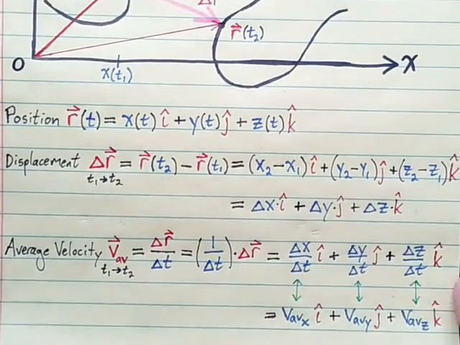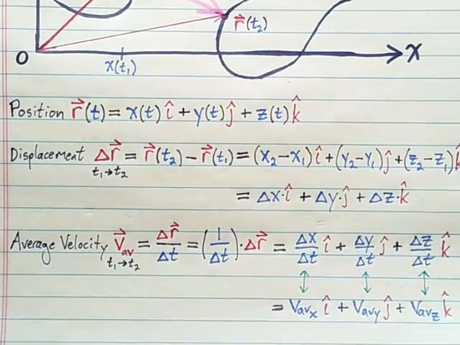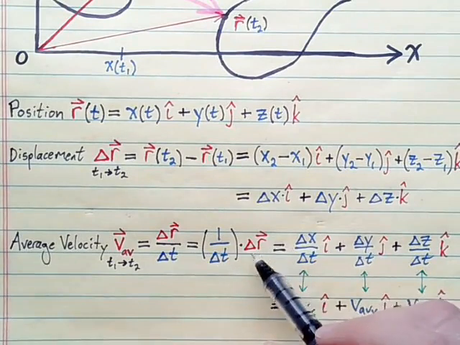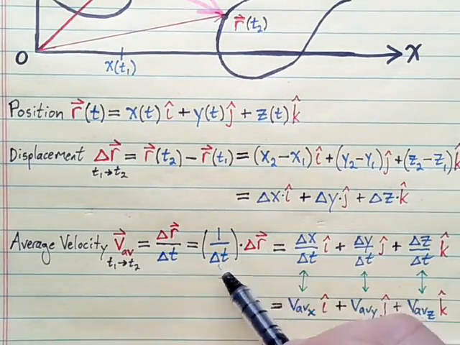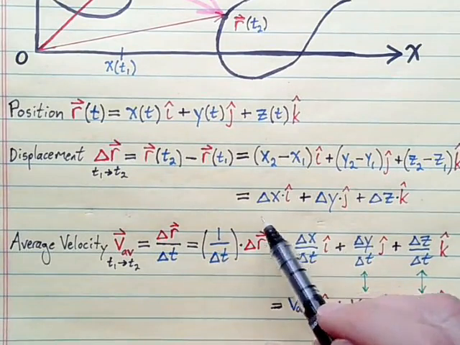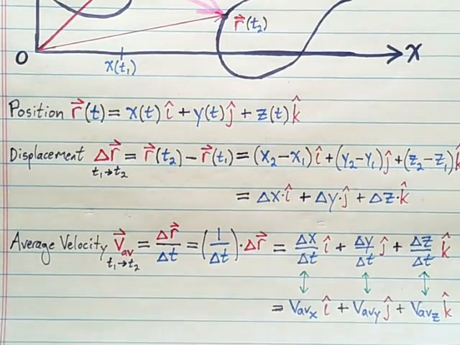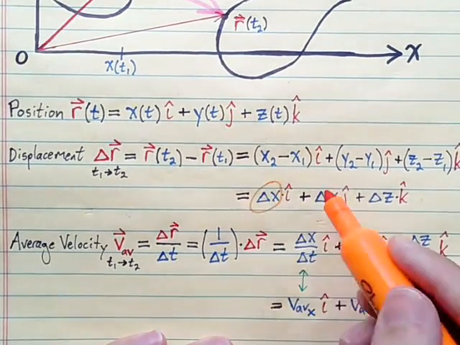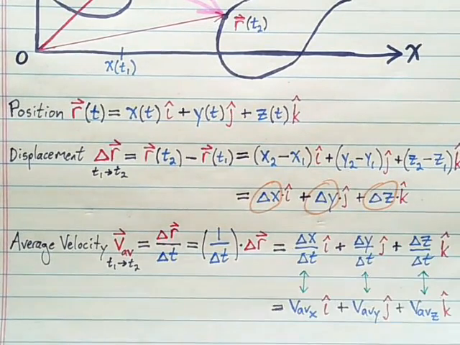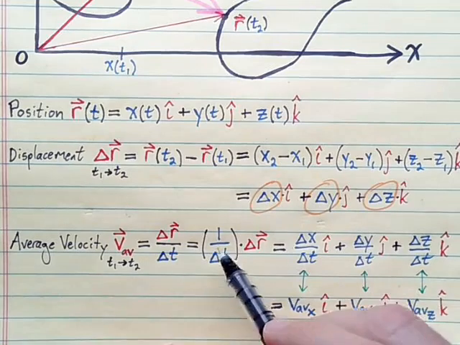Let's finish working out the components of that. So I'm going to take the components of delta r, the displacement, and multiply each component by 1 over delta t, this scalar here. These are the components of delta r. So I'm going to multiply each one of those by 1 over delta t.